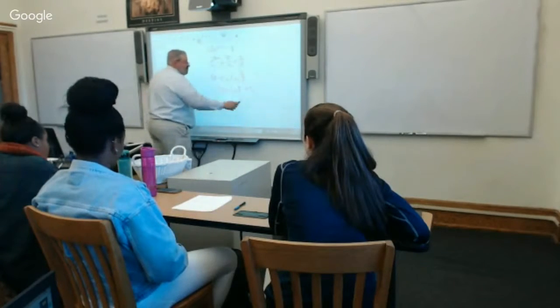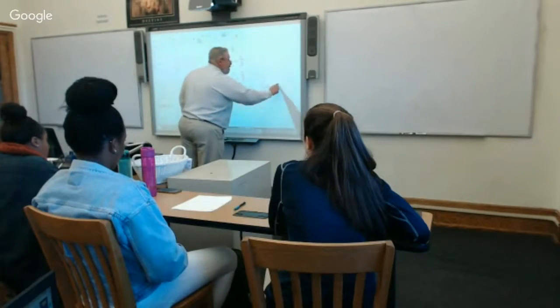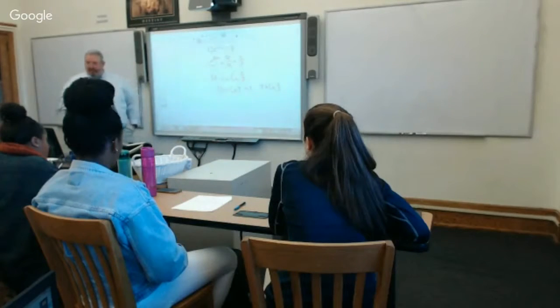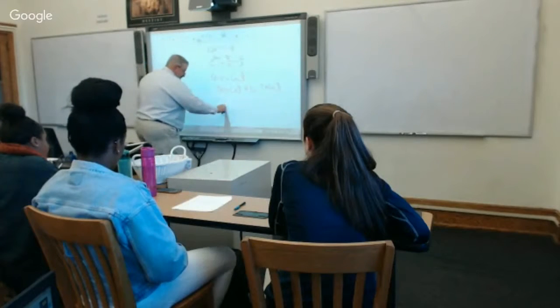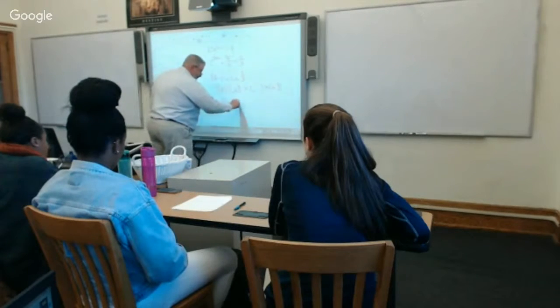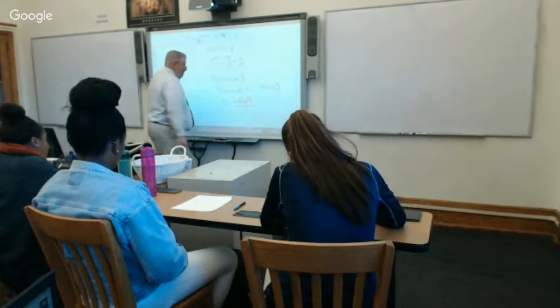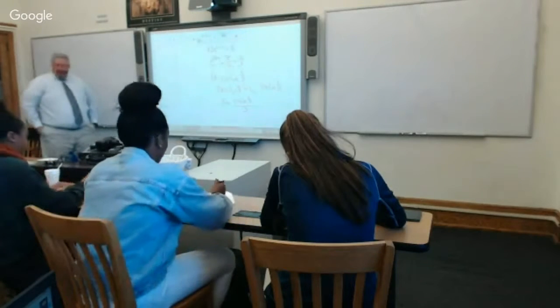Now, a lot of times you're going to see the book do this so that you don't get the 2 confused with the log. All right? Okay? And you plug it in your calculator.